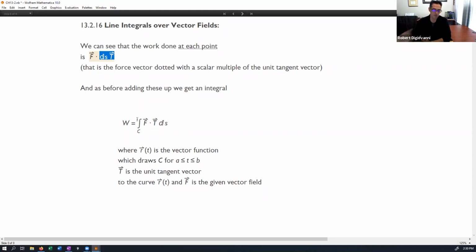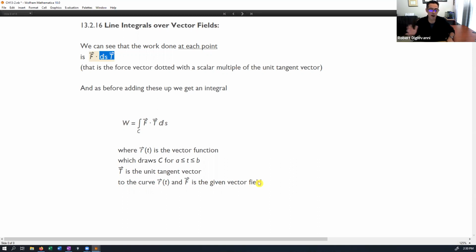I just switched the order of T and ds here. We can do that because it's a scalar. Here r of t is the vector function which draws C, t is restricted between a and b, capital T is the unit tangent vector to the curve r of t, and F is a given vector field.